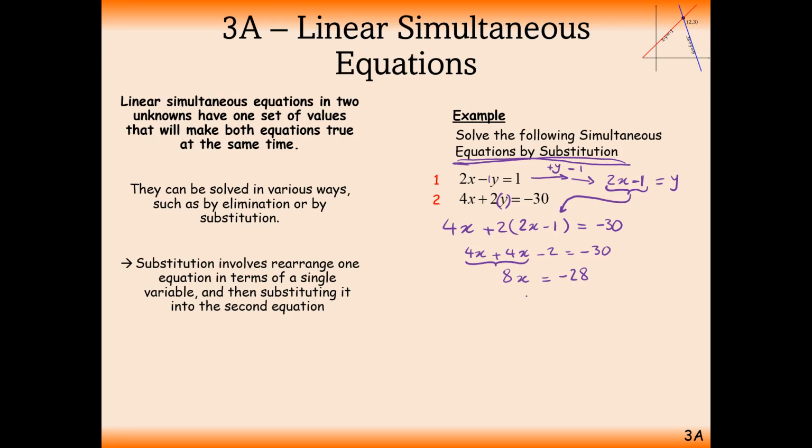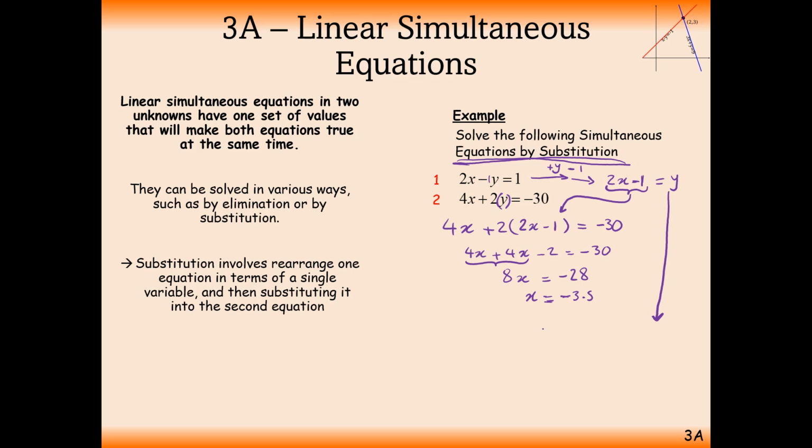Okay, so 28 doesn't divide by 8 straight away, but I know it will be negative 3.5, because 24 divided by 8 is 3, and 4 is just half of 8. You can check it with your calculator. x is negative 3.5.